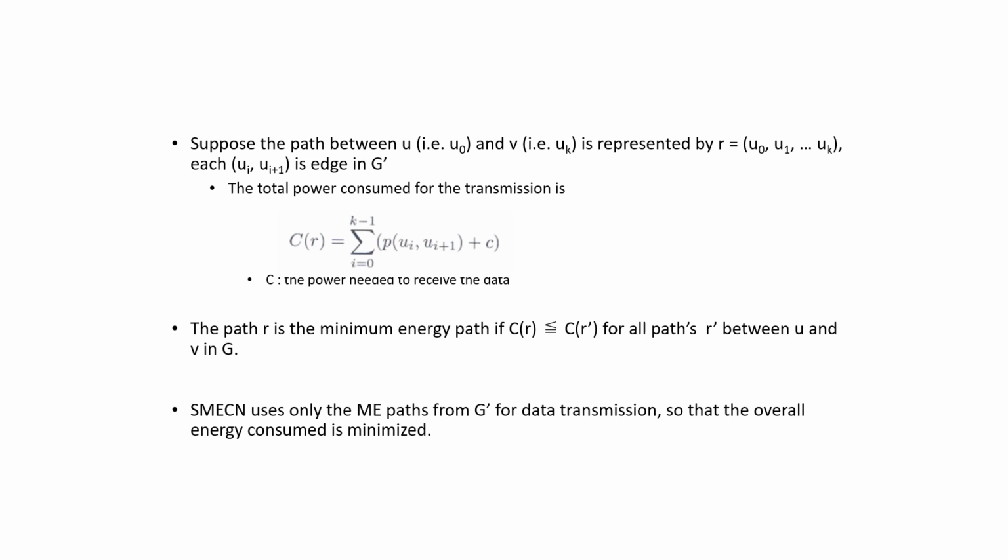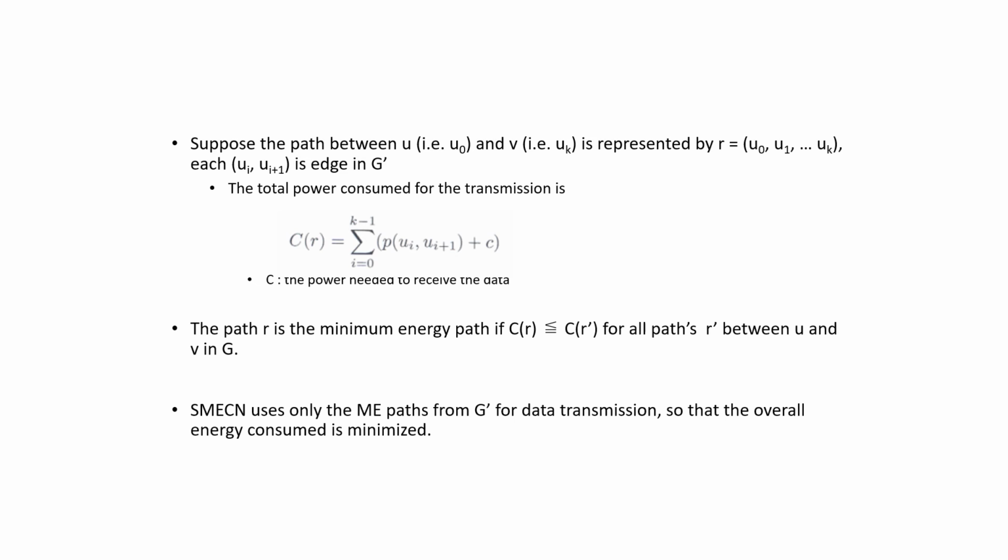Suppose the path between U, that is u0, and V, that is uk, is represented by r, given in brackets, but the hops are in G'. The total power consumed for the transmission is given in the equation.